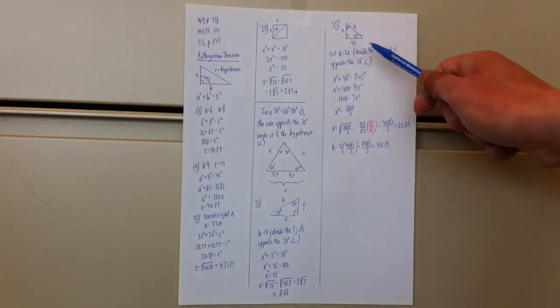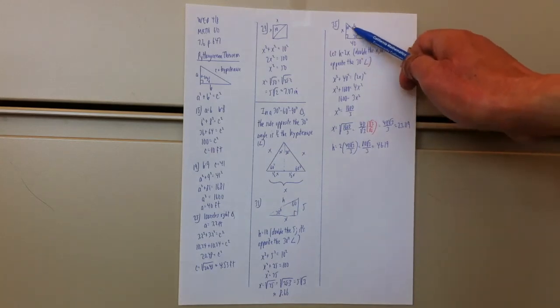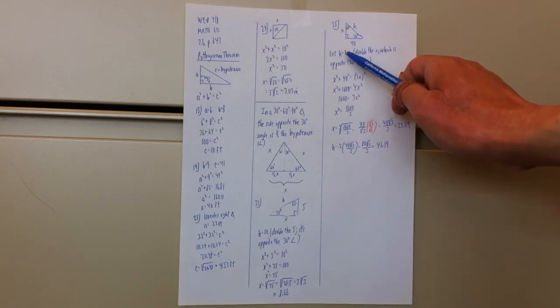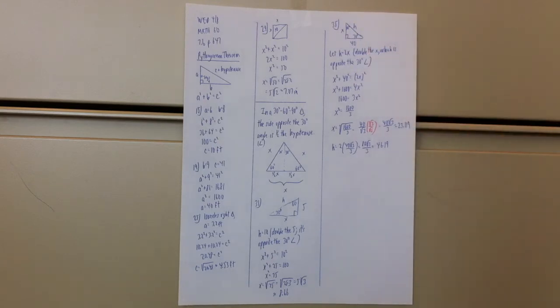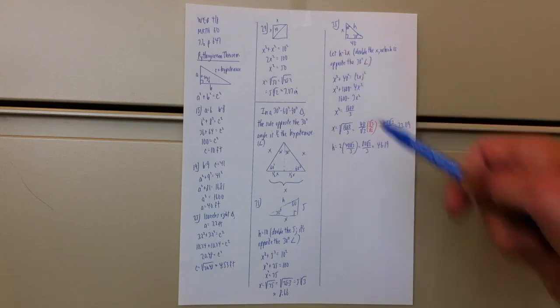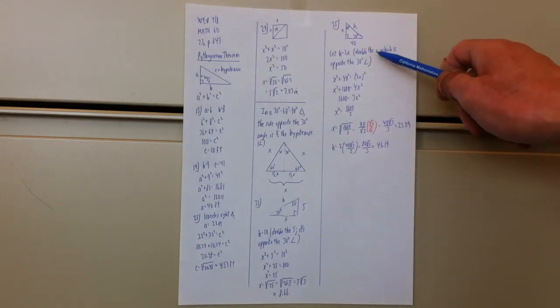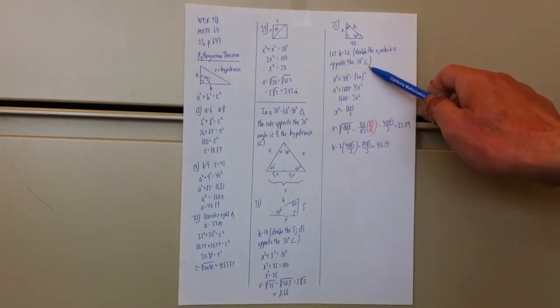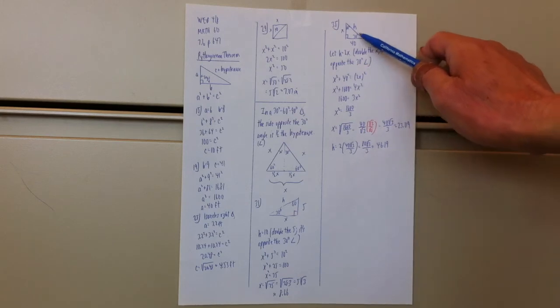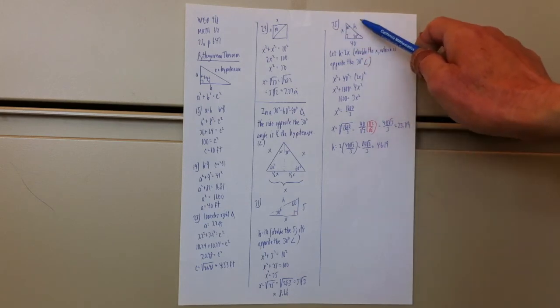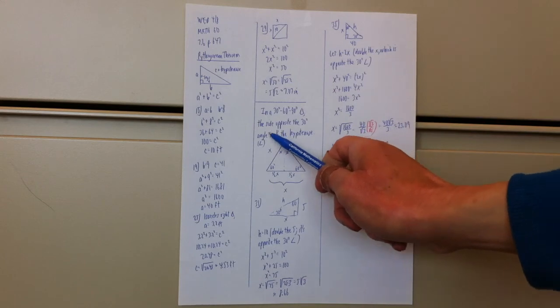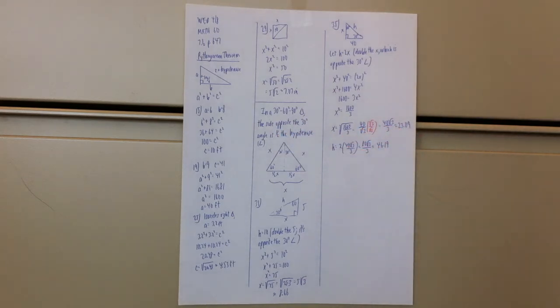And finally for 35, you're given this picture, 30 degrees, 60 degrees, 90 degrees, x, h, and 40. Okay, then I say let h equal 2x because it has to be double the x, which is opposite the 30-degree angle. This symbol is an abbreviation for angle. So here's the 30-degree angle, that's x, so that means this has to be 2x because of the rule that the side opposite the 30-degree angle is half the hypotenuse.